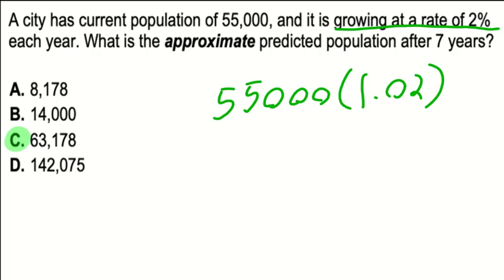Our exponent would be x. Since we're specifically looking for the 7 years, you can just plug in the 7. You can do that on Desmos or on the yellow calculators. Either way works pretty quick. It gave you 63,177 point some stuff. Usually those numbers round up because you can't have partial people. Any questions on that one?